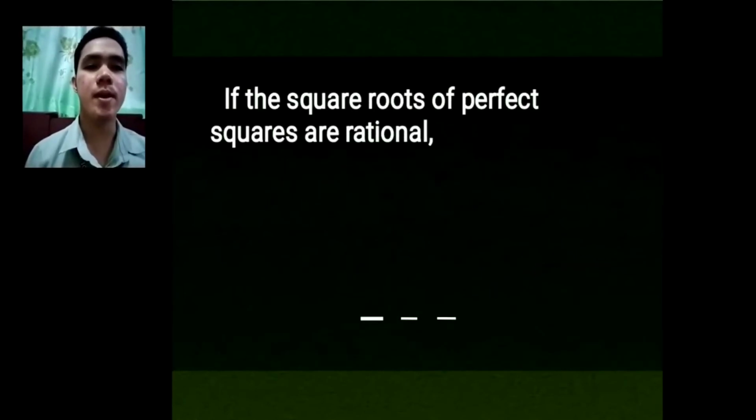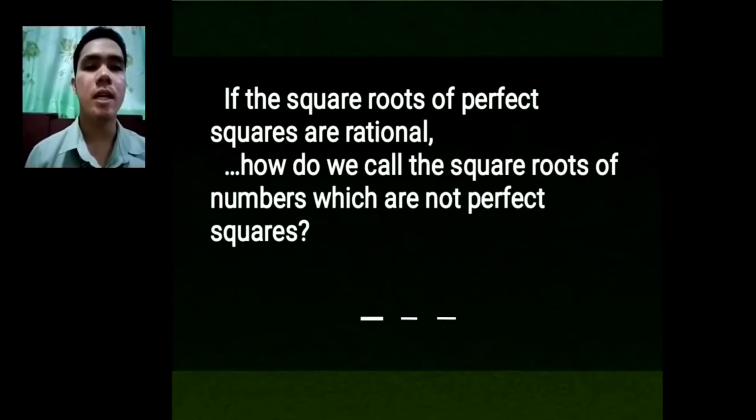So if the square roots of perfect squares are rational, what do we call the square roots of numbers which are not perfect squares? The square roots of perfect squares like 1, 4, 16, 9, 25, and so on, we call rational.